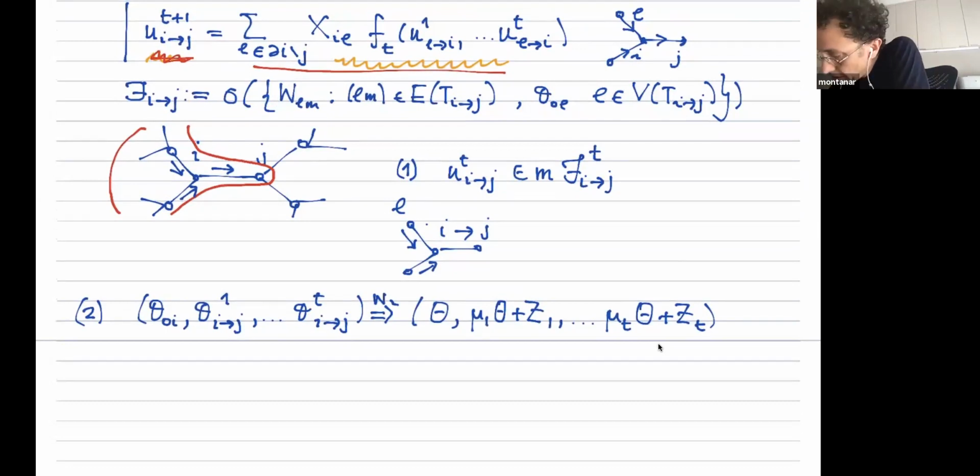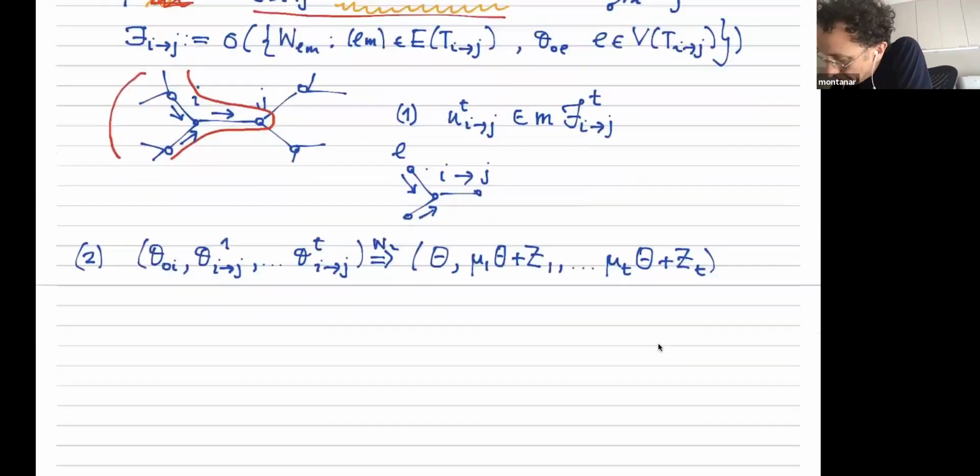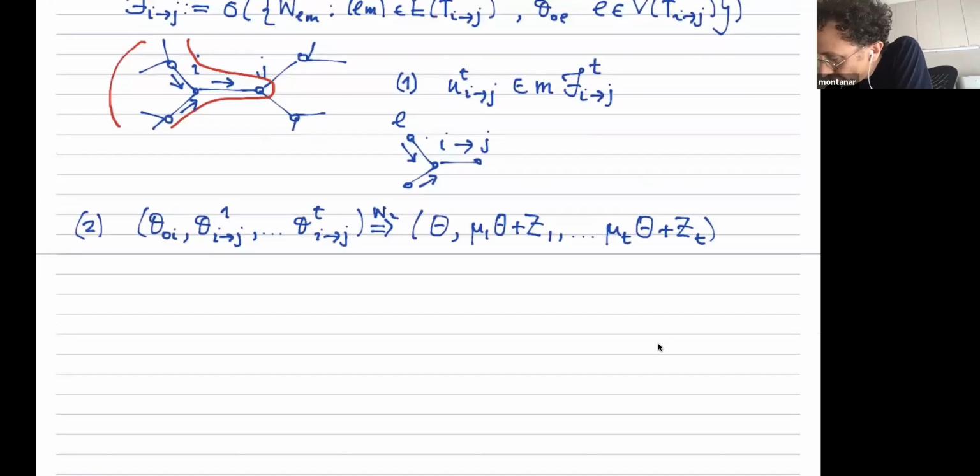Sorry, apologies. I've been calling this u on the tree too. I've been calling these u's.